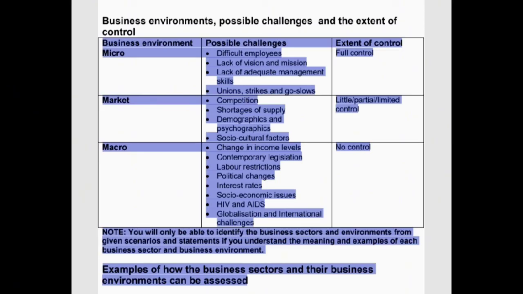Number two, competition. Remember, when I spoke about competition, it may be businesses that are opened next to your business. Those are competition, and the business has less control. Shortage of supply is something in the market, because there are people who have to come and support the micro.